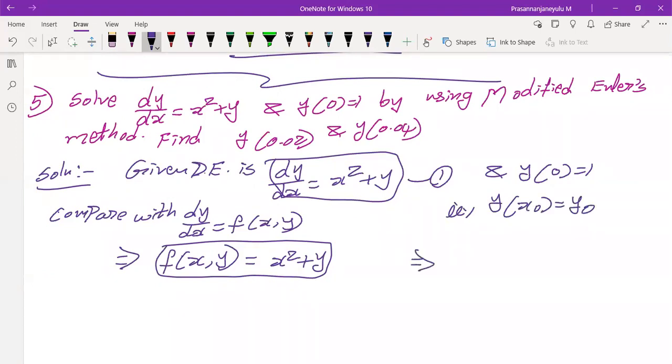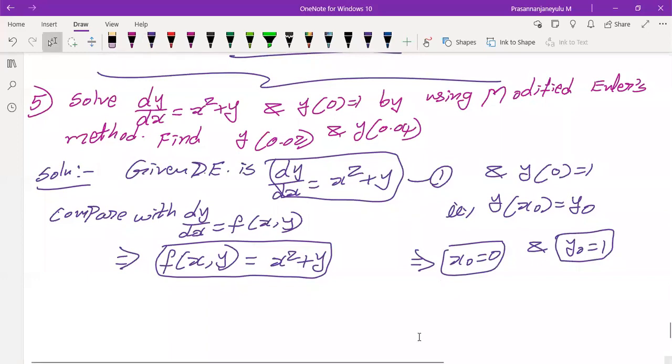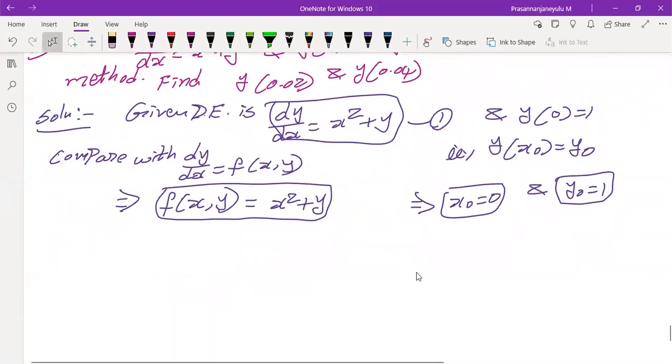With this we can conclude x naught equals 0 and y naught equals 1. But we need to find y of 0.02 and also y of 0.04.